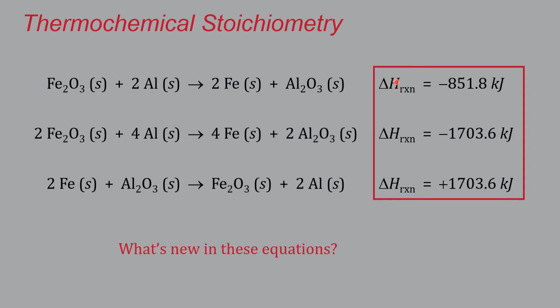So delta H, remember, under constant pressure conditions, heat is a state function, and so we call it enthalpy, or H. You can read this as: 1 mole of iron oxide reacts with 2 moles of aluminum to form 2 moles of iron and 1 mole of aluminum oxide. And in those proportions, this reaction will give off 851 kilojoules.